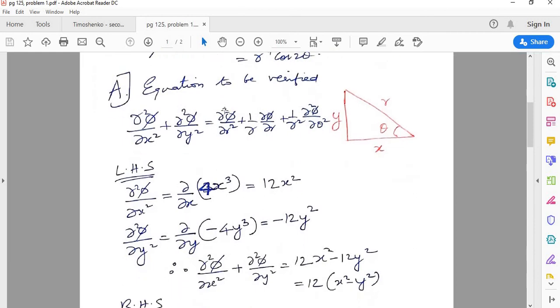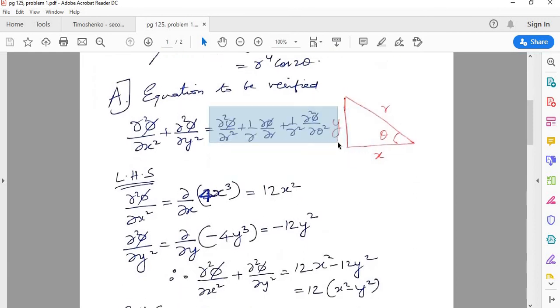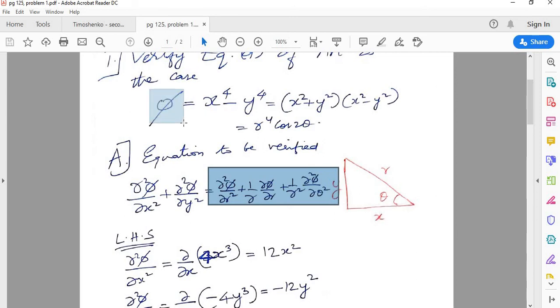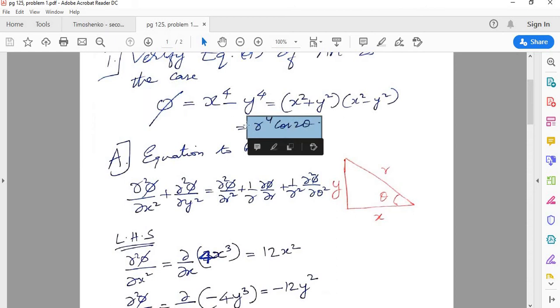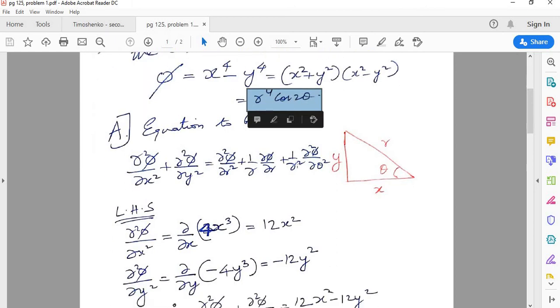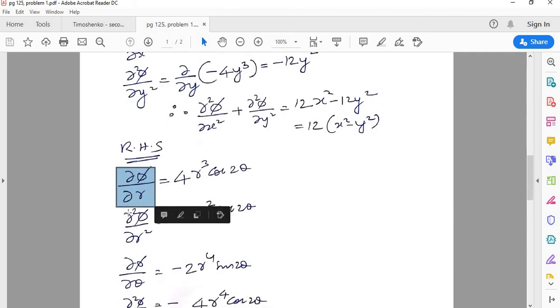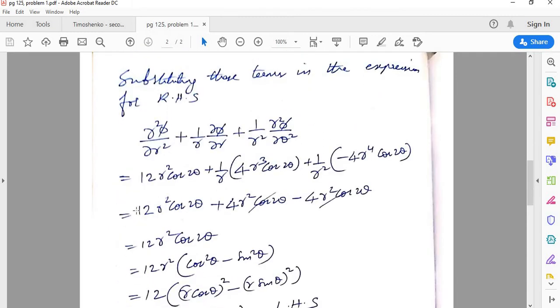Now the right hand side is this, which is in polar coordinates. So you have to again evaluate the expressions for these partial derivatives with respect to r and theta. For that we'll use the form of the expression in polar coordinates, in terms of r and theta. You take the derivative with respect to r, then r square.